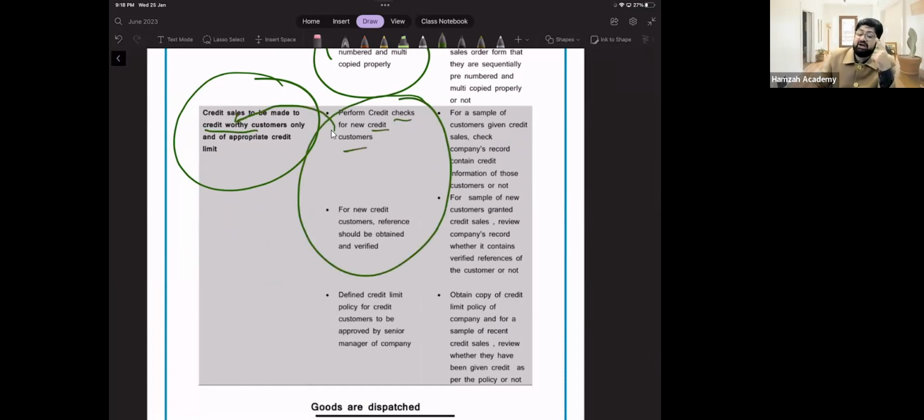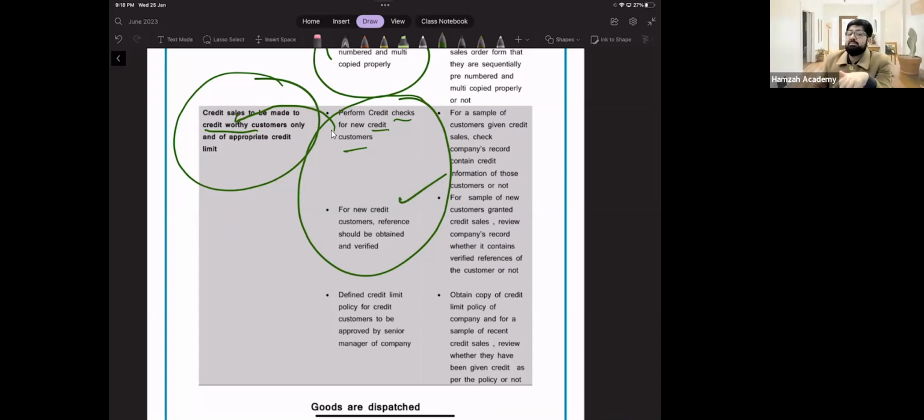Perform credit checks for new customers and obtain references. If a customer wants goods on credit, we say, okay, give a reference. Who gives a guarantee that you will pay? They give a name, we verify and confirm.